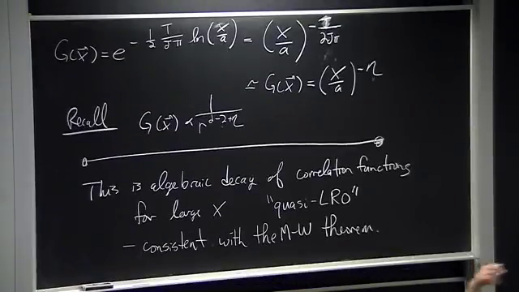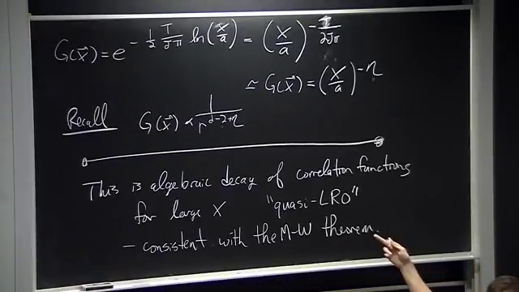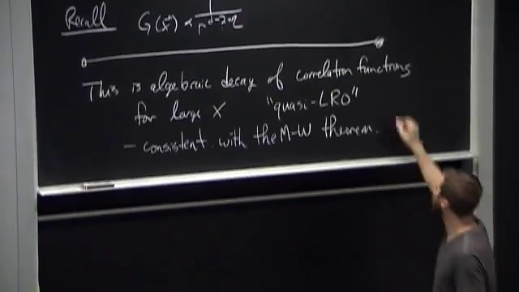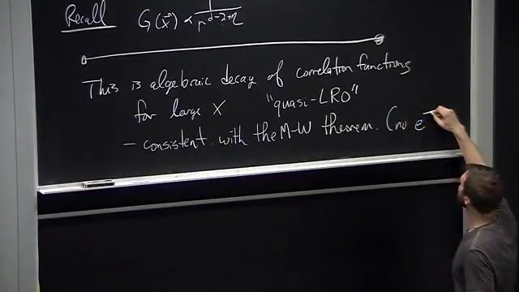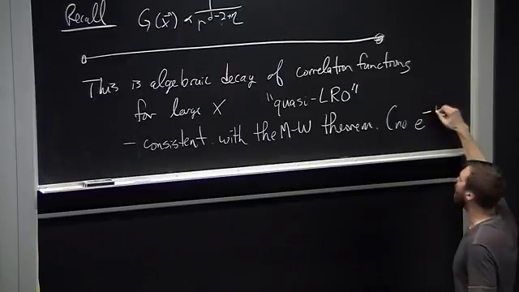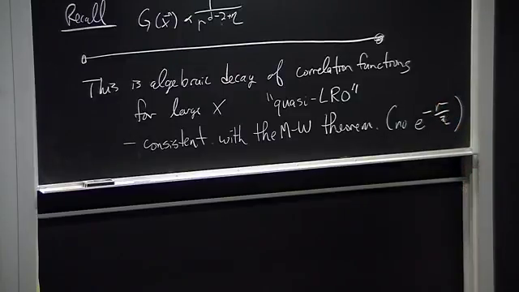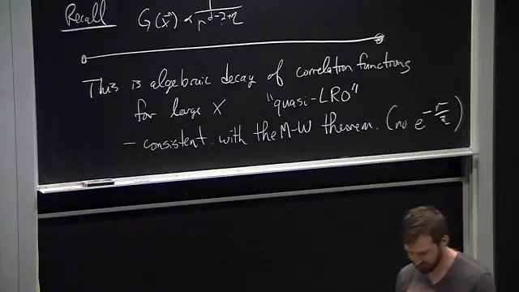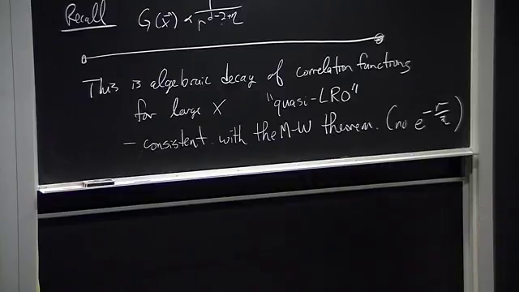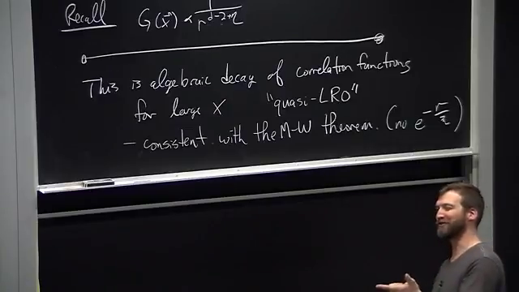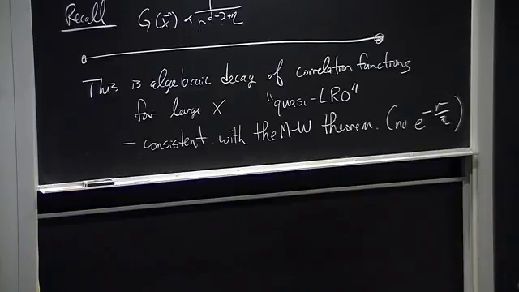So there's no characteristic length scale. There's no exponential, no e to the minus r over xi, whatever it's called. But there's some paradox here, because we just measured the spin-spin correlation function, and remember I told you there's a transition.